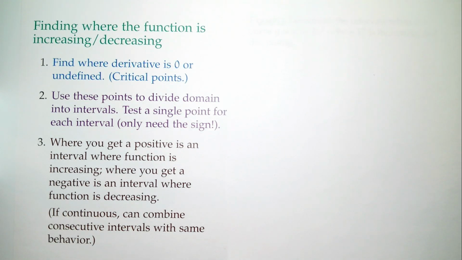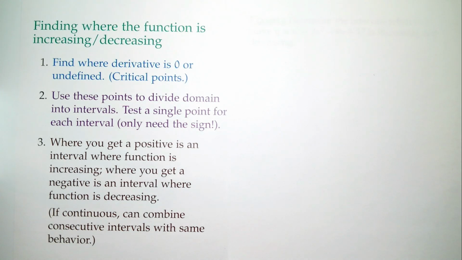And for each interval, the behavior is the same. It's either going uphill or going downhill. So to figure out what the behavior is, we just pick a point. Any point. And you might say, well, which point's the right point to pick? And the answer is the easiest to work with. Because we like to make our life easy. That's why we're taking calculus, so that things get easier for us.